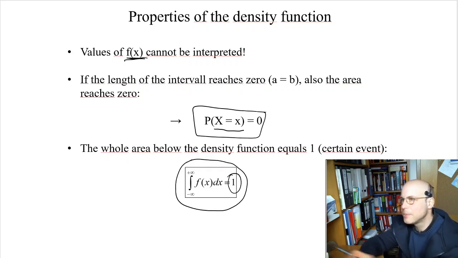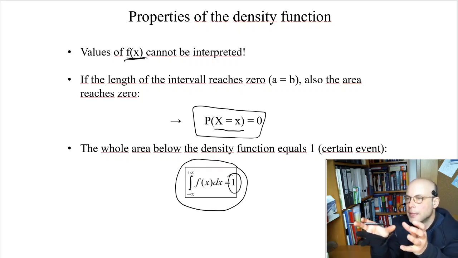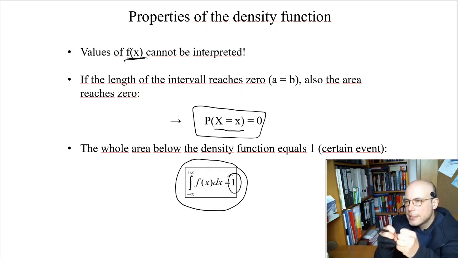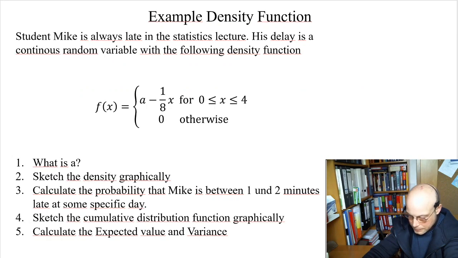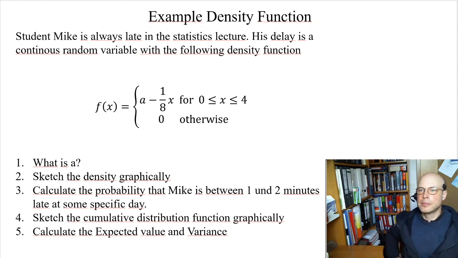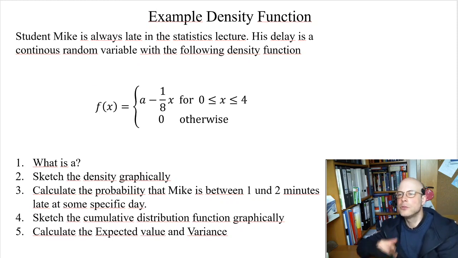If we sum up all possible events, so to speak, all possible realizations of our random variable to be within one interval, then we have to end up, of course, with 100%, and this means that the integral equals 1. So we try to do this with an example.